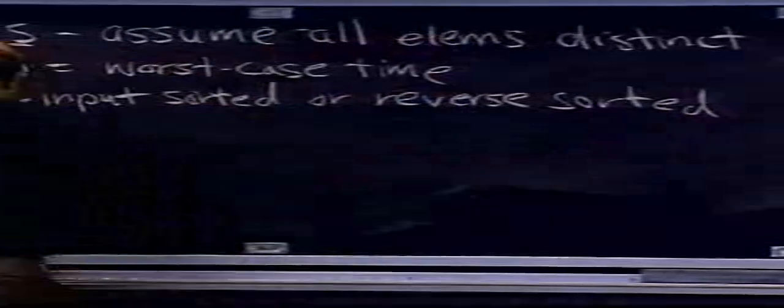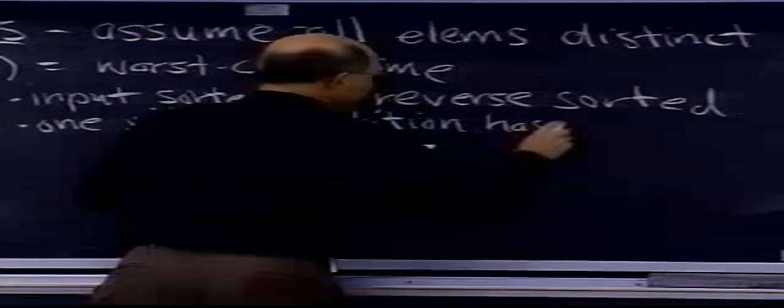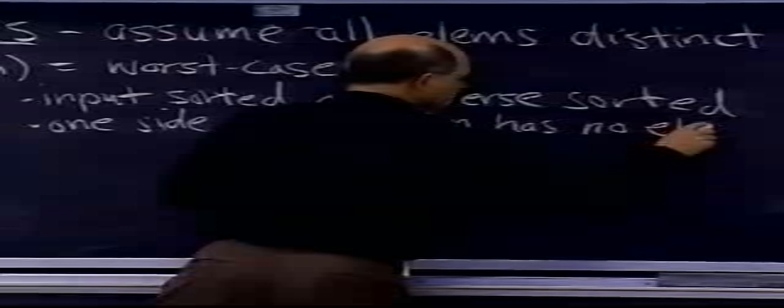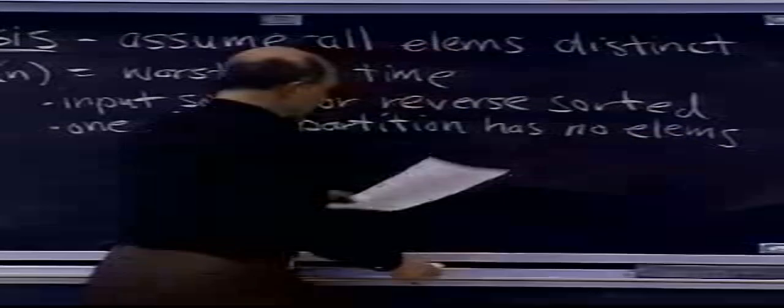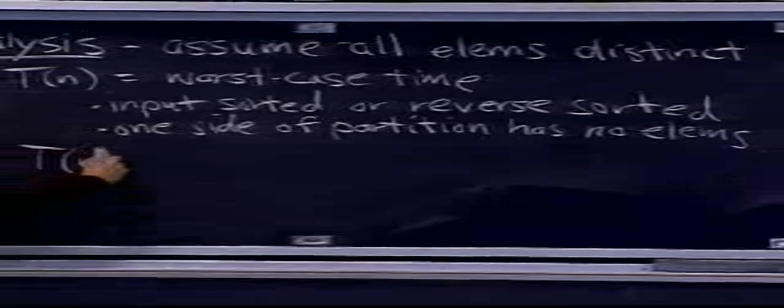And so one side of the partition, there's one subarray, that has no elements. So let's analyze that case first, because that's the easiest one to analyze, the worst case.